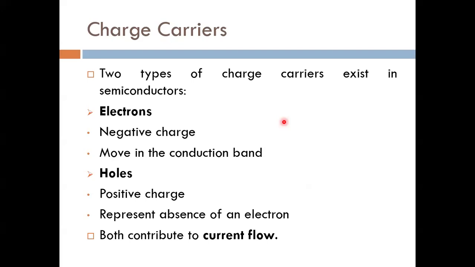So electrons as well as holes, they both are responsible for current flow. Keeping this in mind, let's try to understand the electron and hole current. That means current due to electrons, current due to holes.